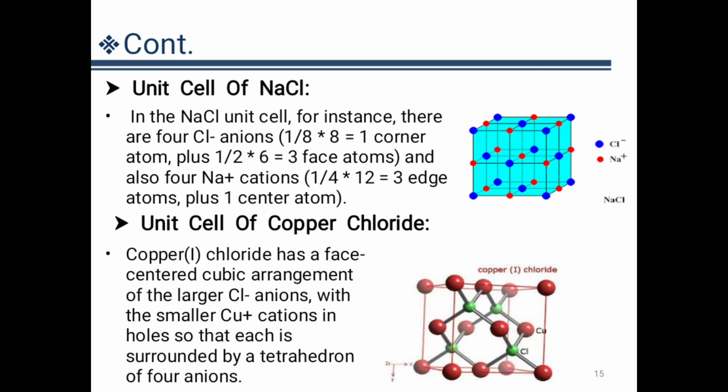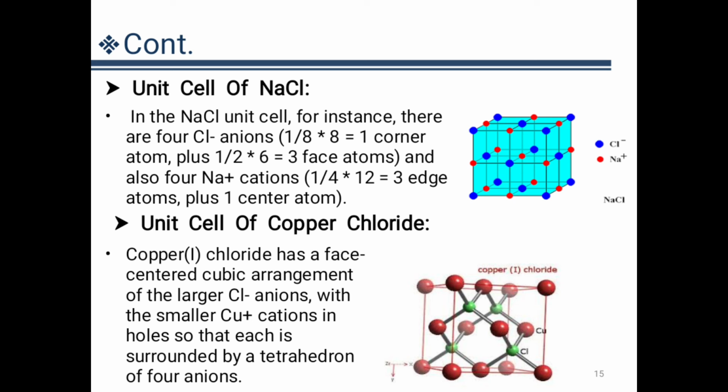In the sodium chloride unit cell, for instance, there are 4 chloride anions, and here is the interesting structure: 8 particles on the 8 corners, and 1 atom in the center.